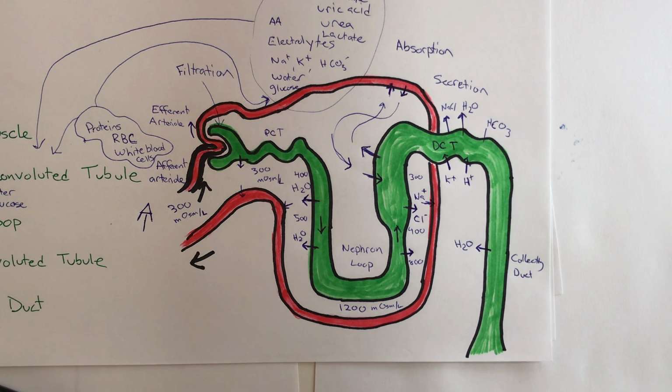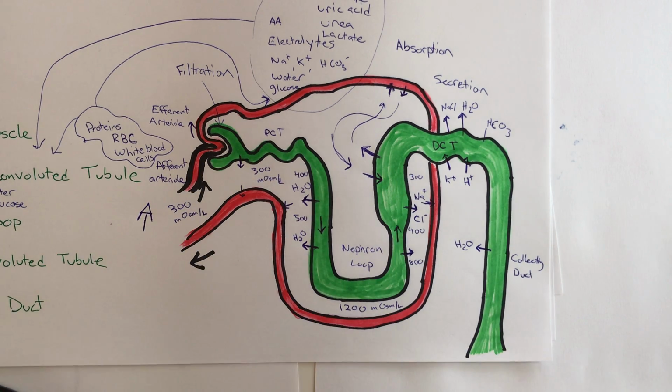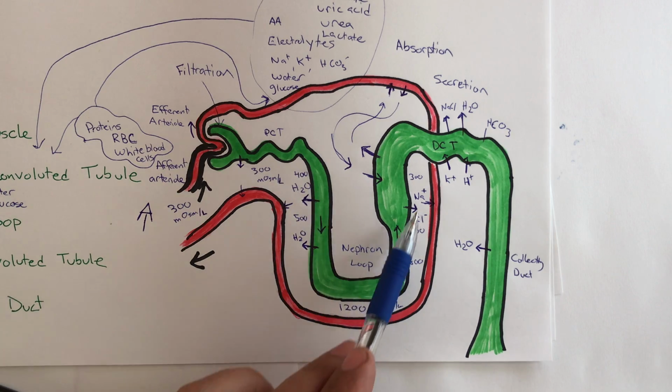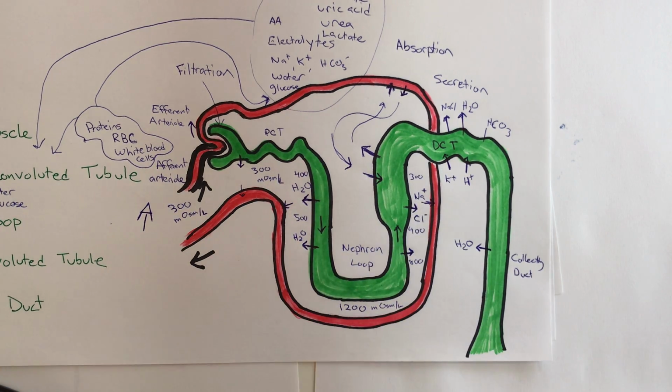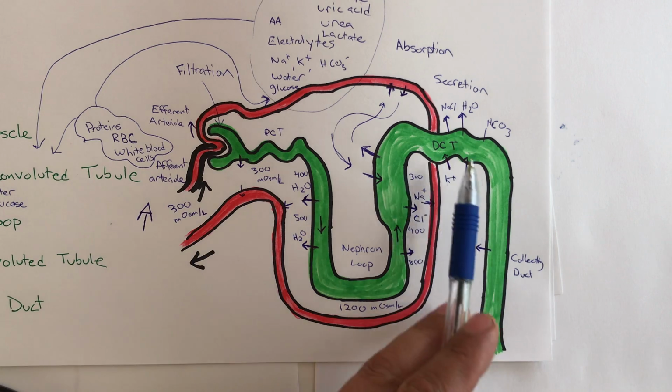There's a couple of words that we use. We use obligatory water reabsorption, meaning it's going to occur no matter what. Obligatory, like obligation, it's going to occur no matter what. And then we have facultative, which is in the DCT and the collecting duct, which is if the body needs extra water or if the body has extra water.